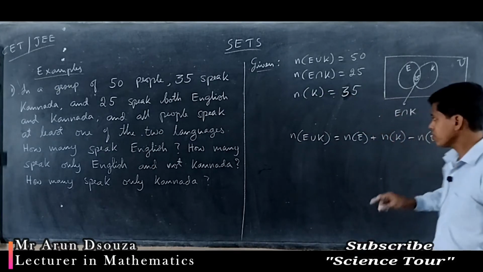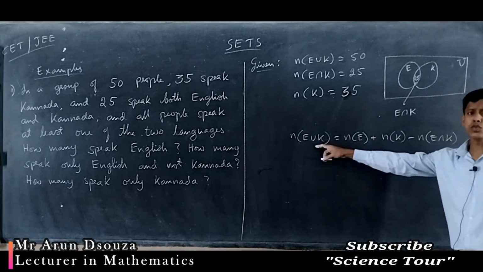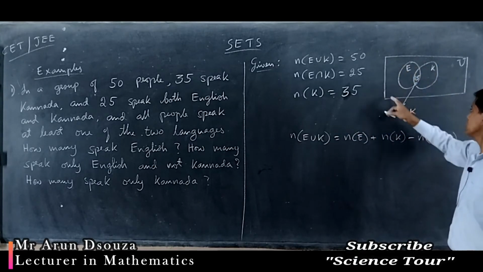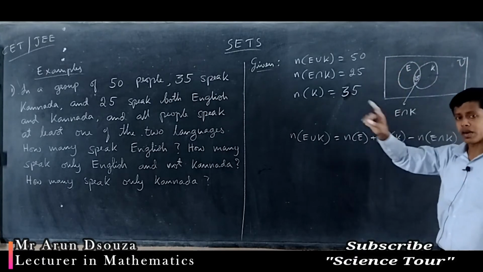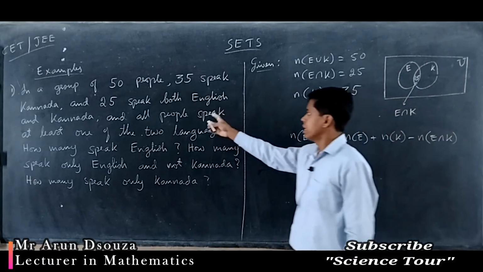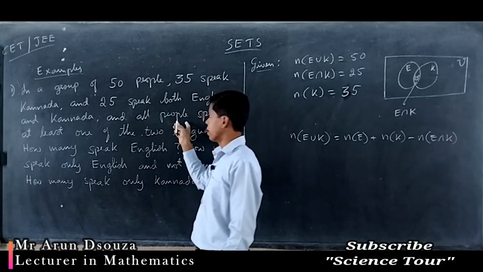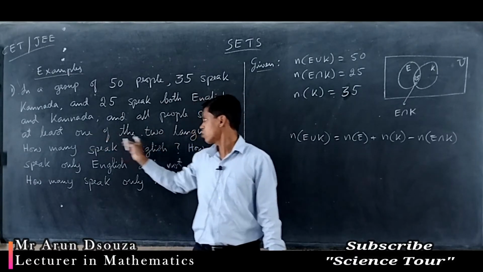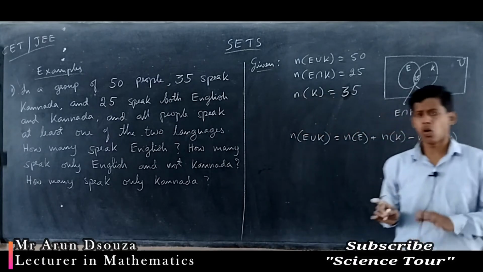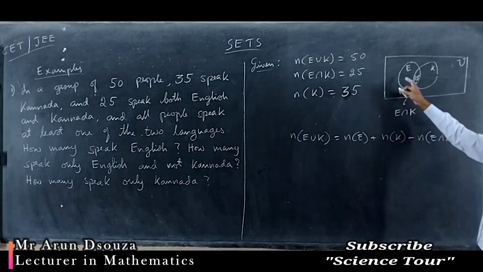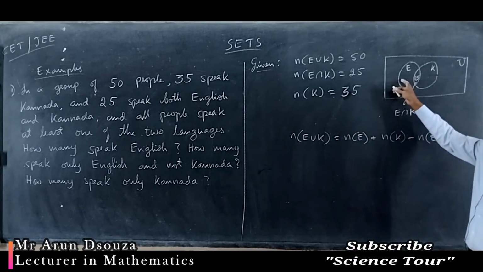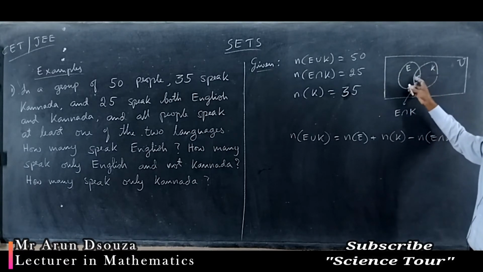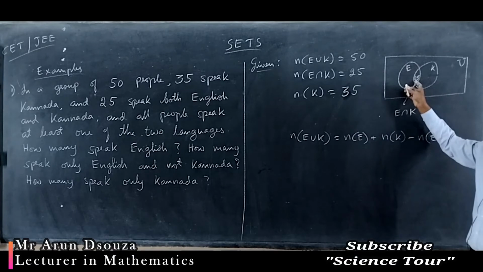Well, now I am saying union is this region, correct? Universal is this total region. Now what is being said? All these 50 people speak at least one of the two languages. So all these 50 people, they will be either here, they speak only English, or they speak only Kannada, or they speak both.